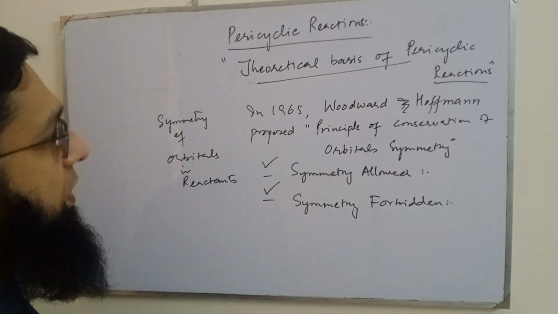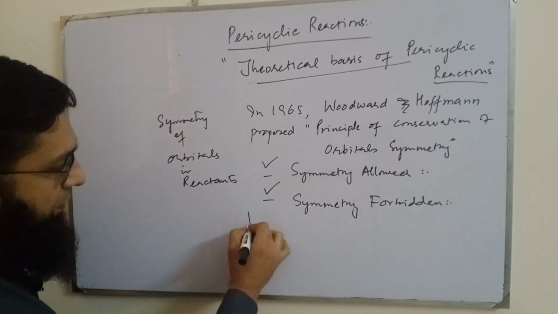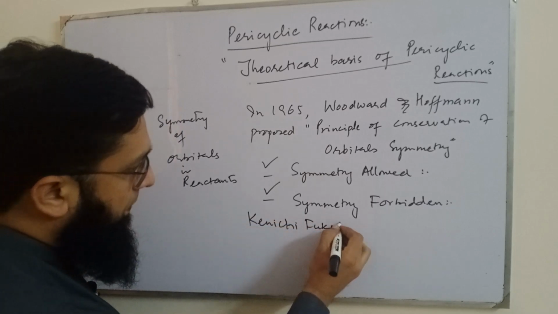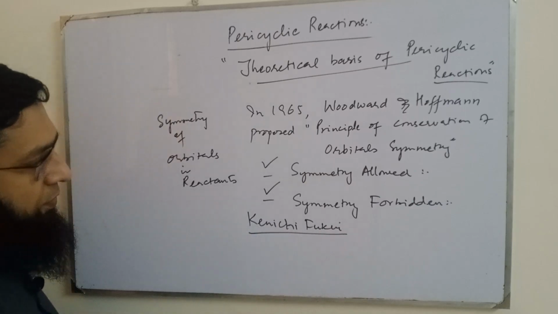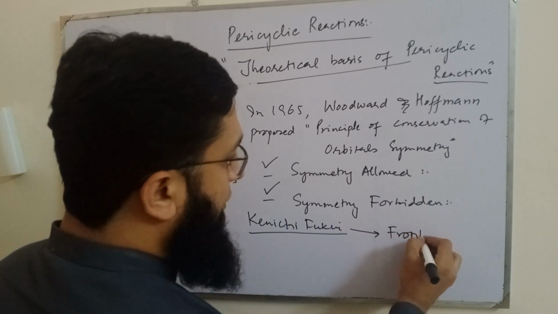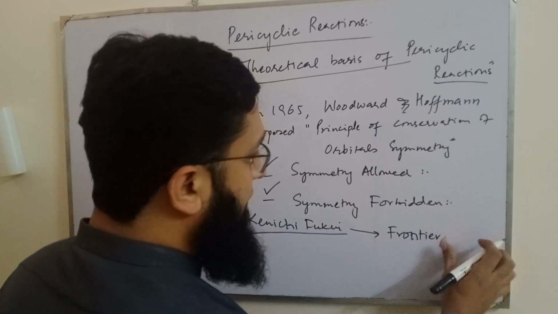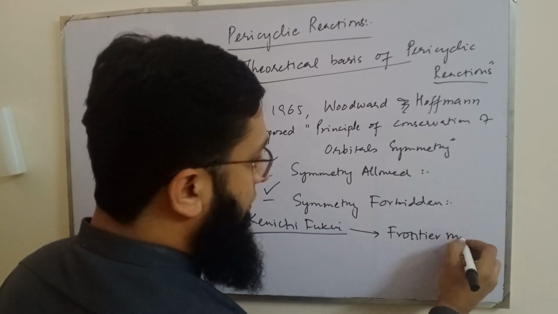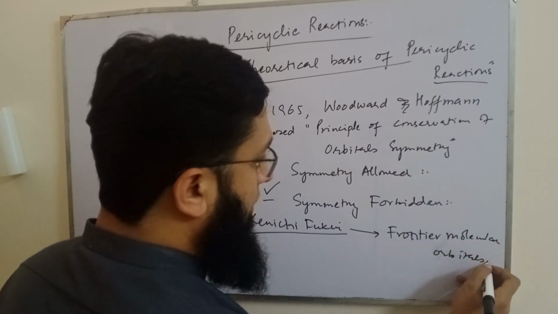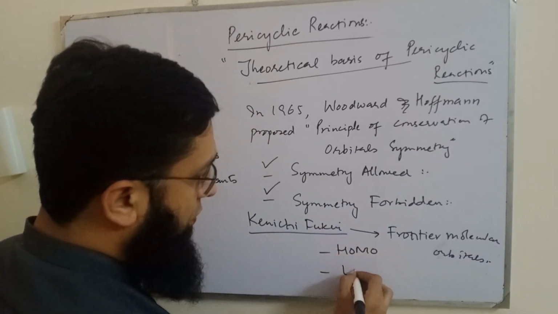So this was the theory proposed by Woodward and Hoffman, and another theory was proposed by Kenichi Fukui. According to this theory, we have two types of frontier molecular orbitals, HOMO and LUMO.